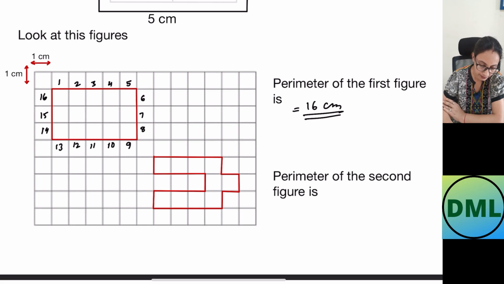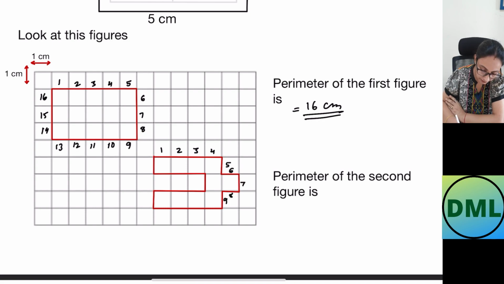Let's see the second figure here. This is my second figure. I need to write down how much perimeter the second figure has. So I need to roam around the edge of the figure. Let's calculate it and write down the numbers first. So it will be 1, 2, 3, 4, 5. Then you are going 6, 7, 8.